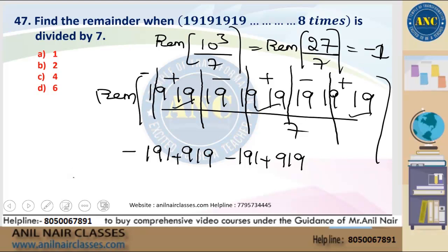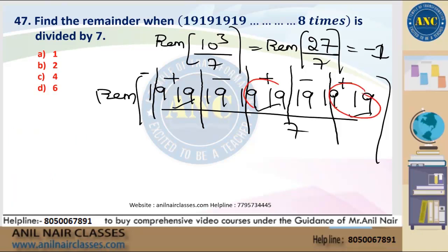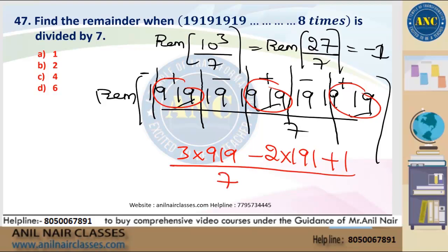So instead of this, you can directly write it as 919 is added how many times? 3 times. 3 into 919. 191 is subtracted how many times? 2 times. 2 into 191, plus 1, divided by 7. Final value came up like this.